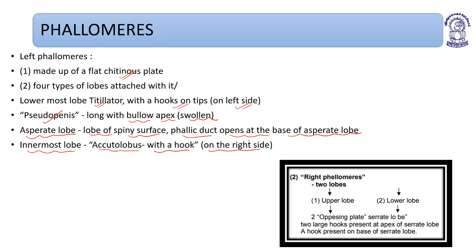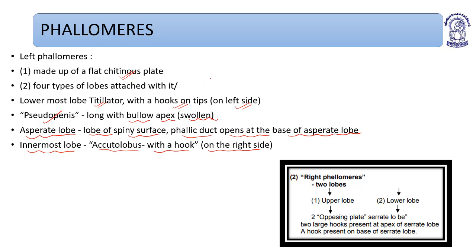Then the pseudopenis, which is long with a bulbous apex. Then the aspirate lobe, which has a lobe of spiny surface, with the opening of the phallic duct at the base of the aspirate lobe. The innermost lobe is the ectolobus, which has a hook on the right side. So these are the left phallomeres.